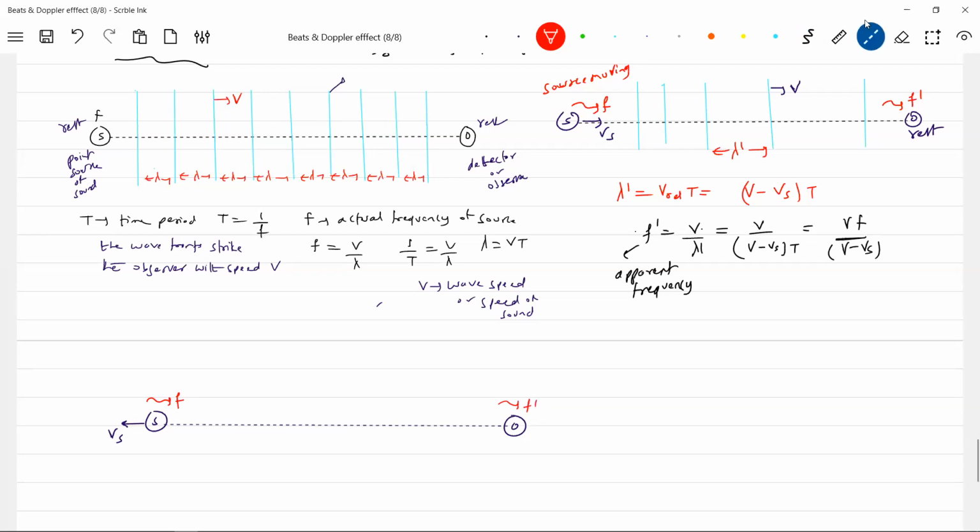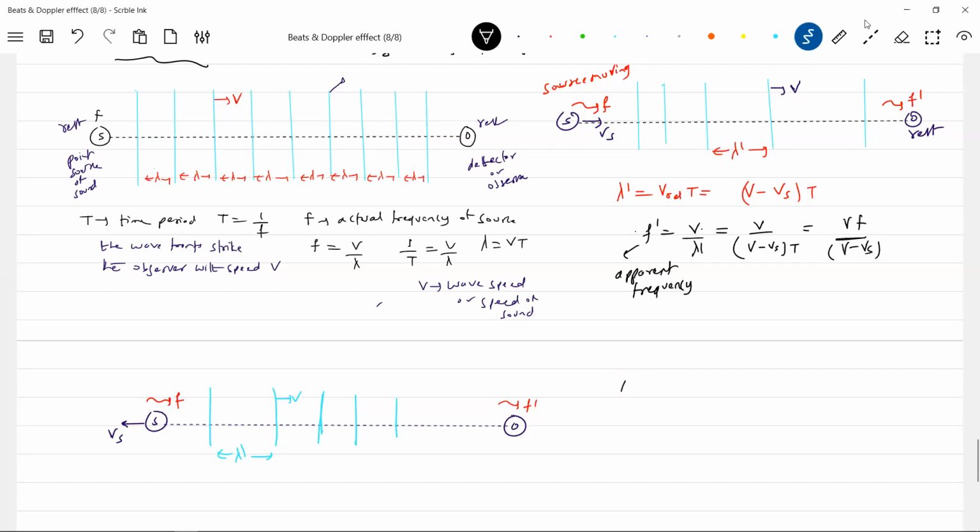If he moves away, then also the distance between wavefronts is going to change. In this case, lambda dash, what do we write? V plus Vs, no? V relative, I'll write it.